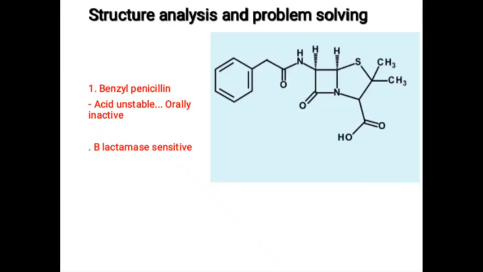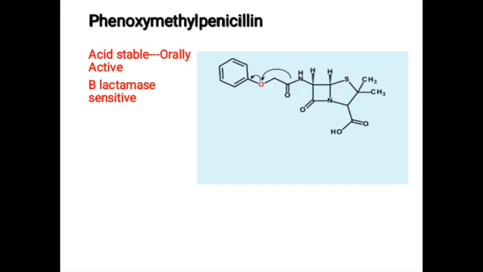Now, what is the solution to this? Let's go ahead and see how we can sort out this issue. So we have the phenoxymethylpenicillin right there, which is acid stable, and previously we had an acid unstable. Now, what has been done for it to be acid stable and to be orally active?